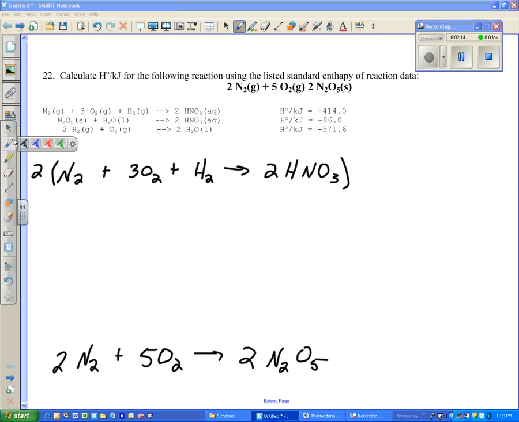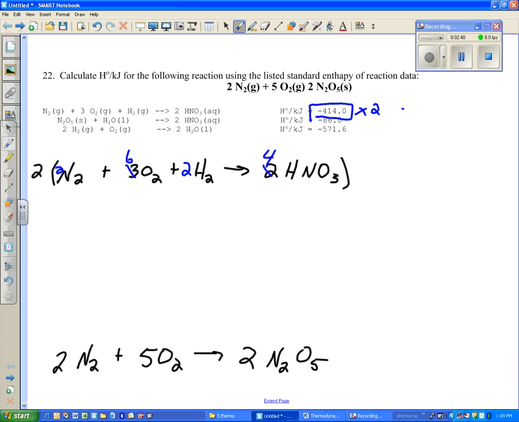By doing that, that gives us 2 N2s, 6 O2s, 2 H2s, and 4 HNO3s. By doing that as well, our heat that was originally up here is going to change. It's going to go from 414, and we're going to multiply that times 2, and that's going to end up becoming negative 828. And so this is going to have the value of negative 828 kilojoules.